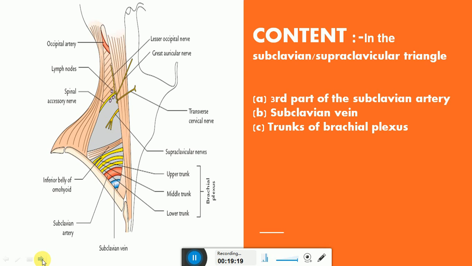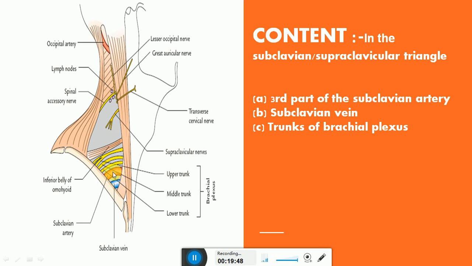Next we are moving on to the subclavian or supraclavicular triangle. This is the belly of omohyoid, and the space present below it we call the supraclavicular triangle. What are the contents present in this triangle? There are many, but in this diagram we are able to see the third part of the subclavian artery.